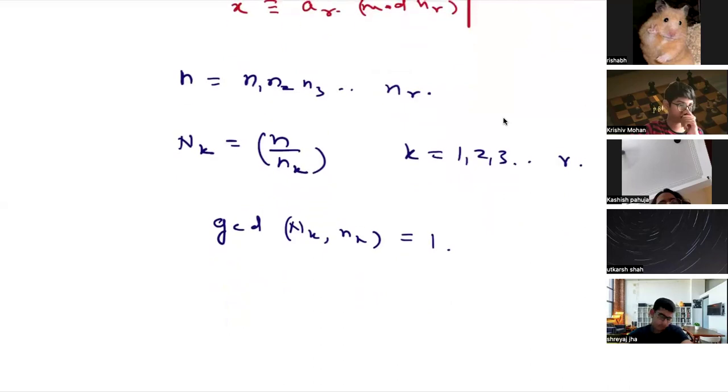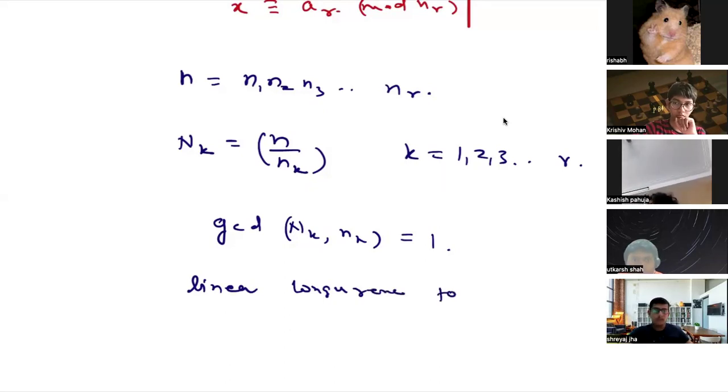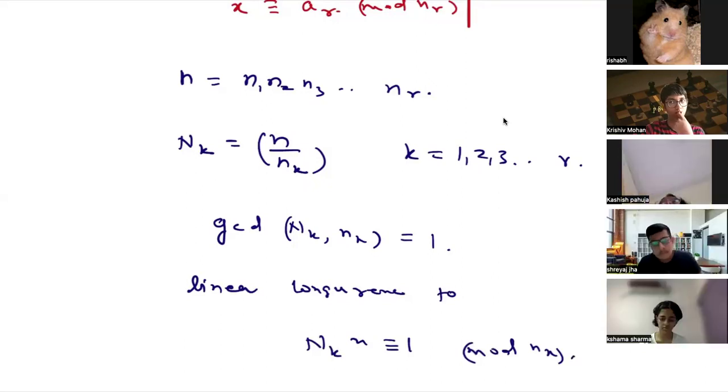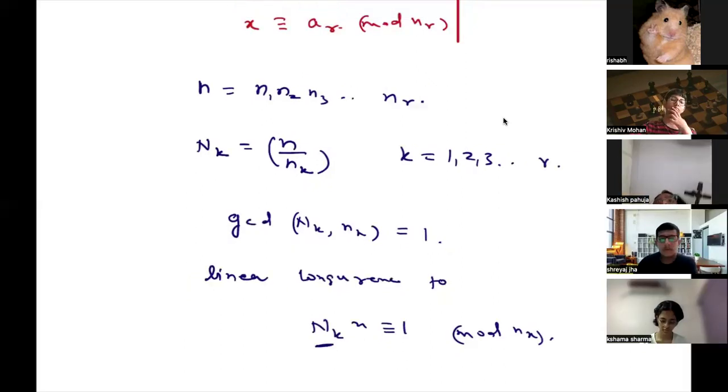So we have the linear congruence Nk xk congruent to 1 mod nk. We are able to find some xk.